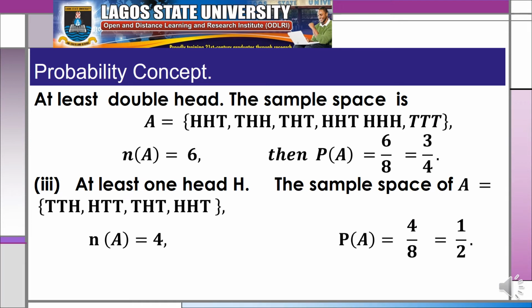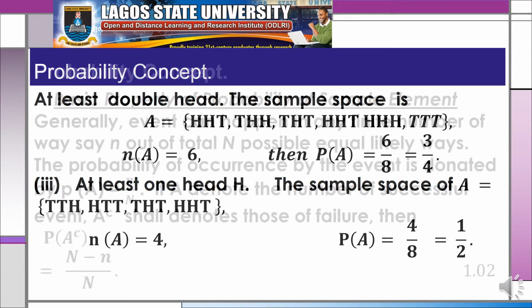At least double heads occur in the sample space is the event A, and n(A) is 6. The total sample space is 8. So P(A) in that case is 6 over 8, which is 3 over 4. 3. At least one head H occurs. The sample space is given by that, and the probability is half.